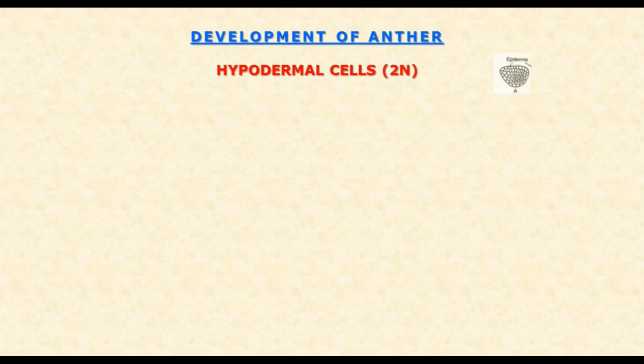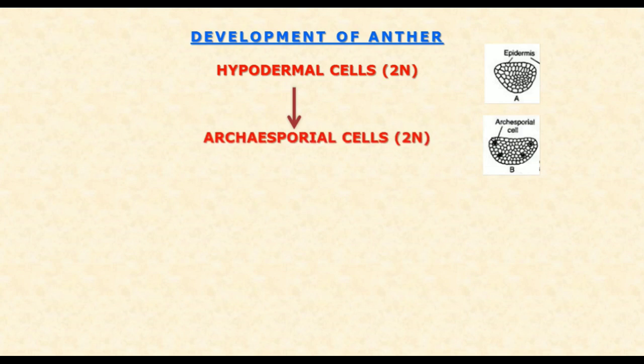Here is a flow chart which describes the development of anther. First, the hypodermal cells. You can see here, this one is the epidermis. Below this there is a layer called hypodermal cells. These hypodermal cells differentiate to form archesporial cells.